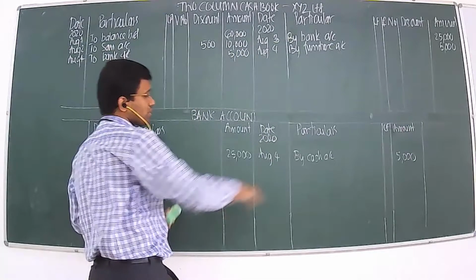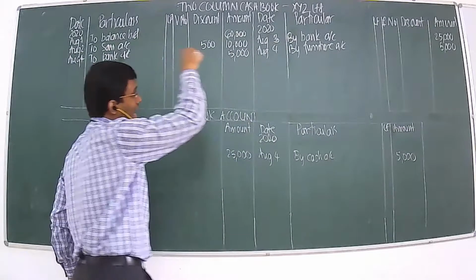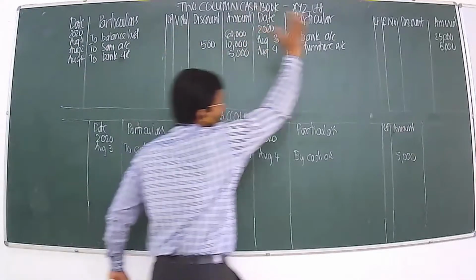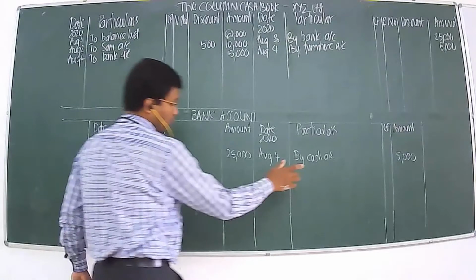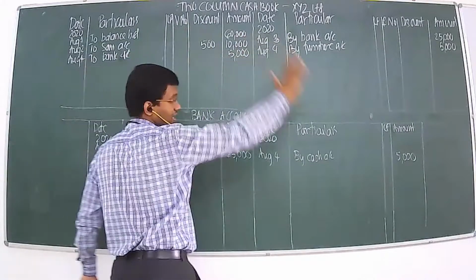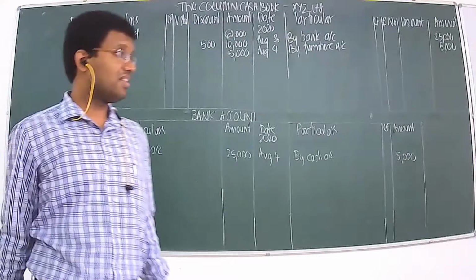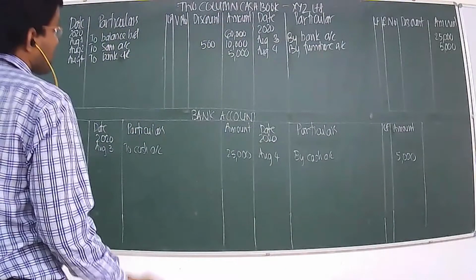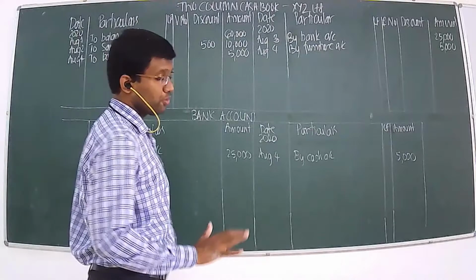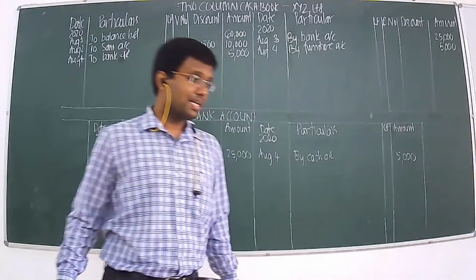So this shows that you have taken the money from your bank, you have brought it into the business, and then you made the payment for your furniture. So let's count: 1, 2, 3. We have completed 3 entries, and our processing of entries in the 2-column cash book with respect to check payment is completed.